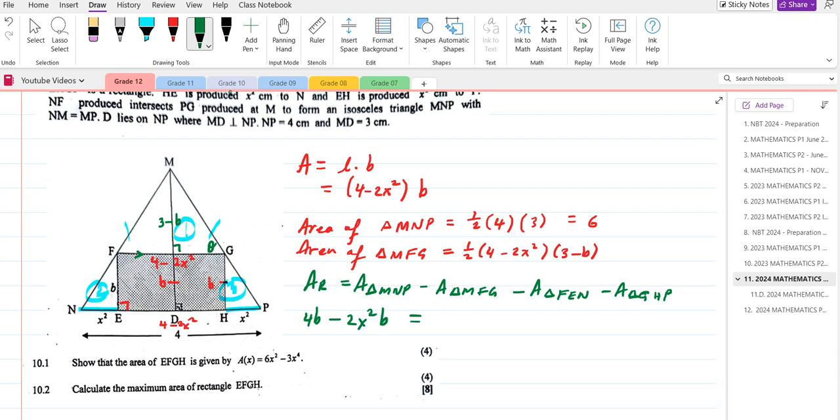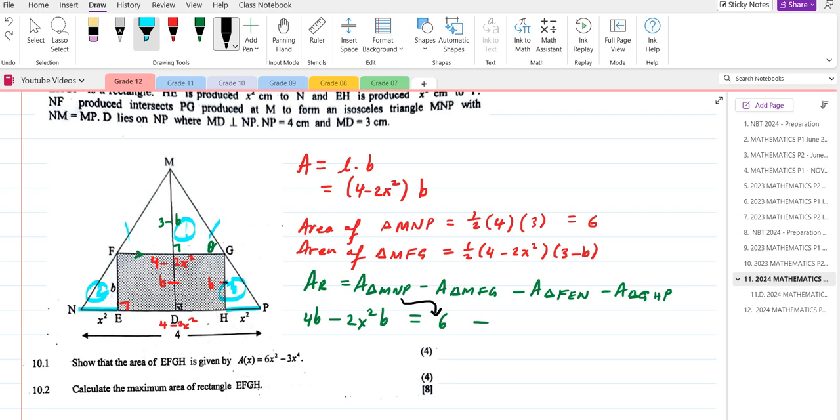Area of triangle MNP is 6 minus area of triangle FEN. Oh, MNP. Area of triangle MNP is right here. MFG is this one.